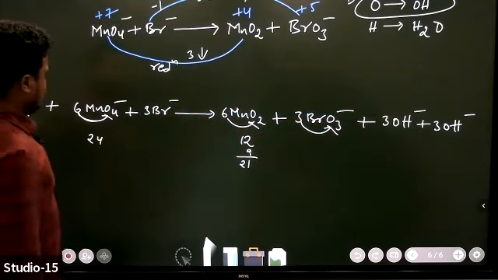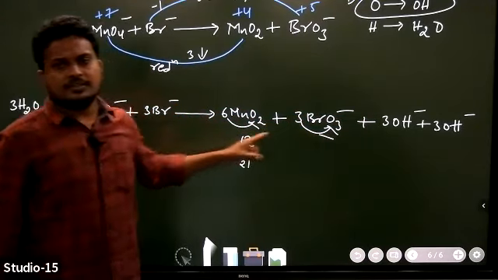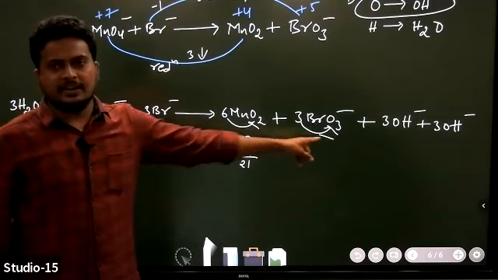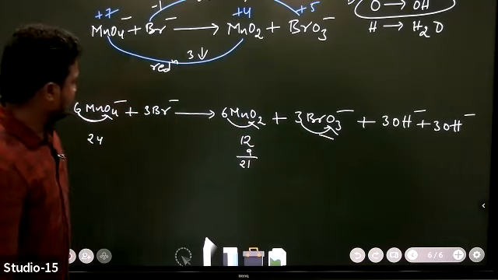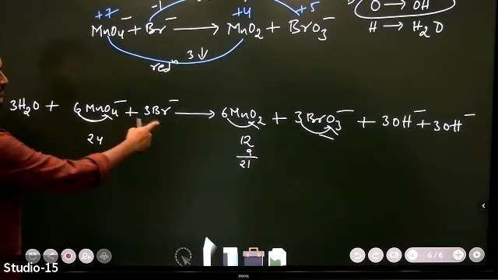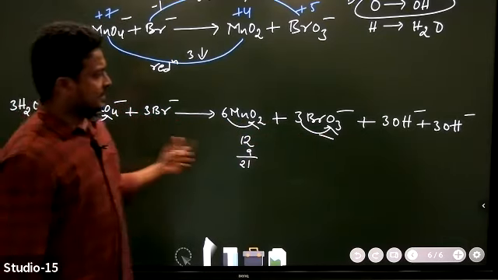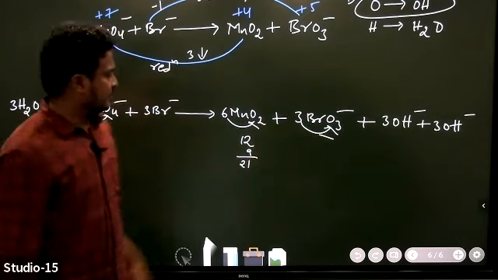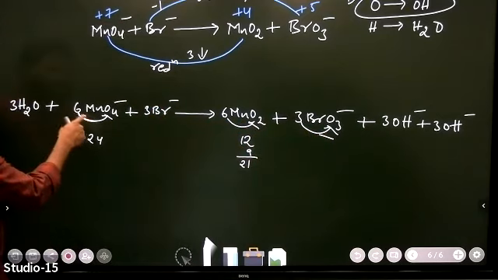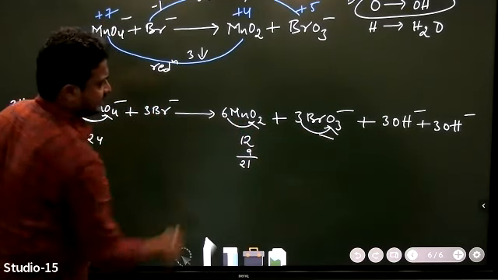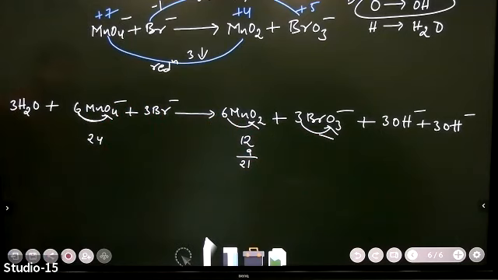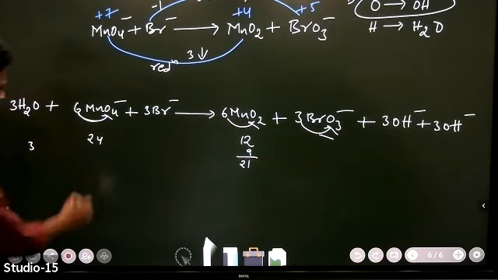Now see, in this equation, oxygens, hydrogens, the number of manganese and bromines are all balanced, right? Let us check it. The number of bromines is 3 on the left hand side and 3 on the right hand side. The number of manganese is 6 on the left and 6 on the right. Now count the number of oxygens on the left hand side: 3 plus 24, 27 oxygen atoms.